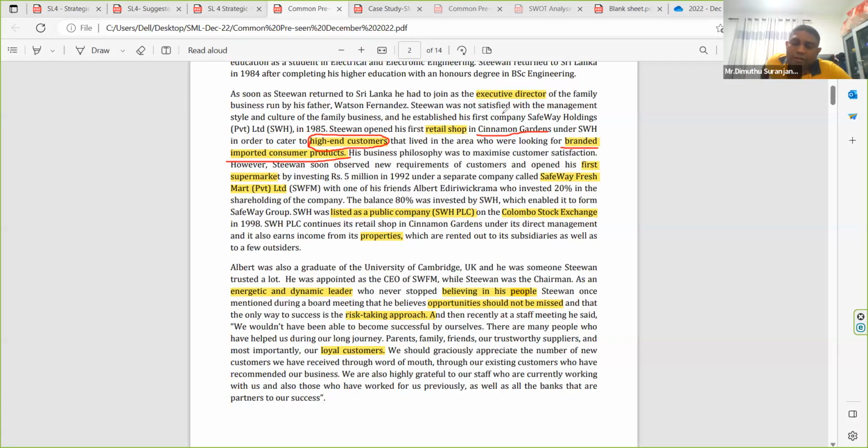So are they covering the whole of Sri Lanka or are they restricted to Cinnamon Garden? Cinnamon Garden, that means a restricted place. Focus should be the application. Now cost leadership or differentiation, cost focus or differentiation focus. What do you think? It's obvious, right?